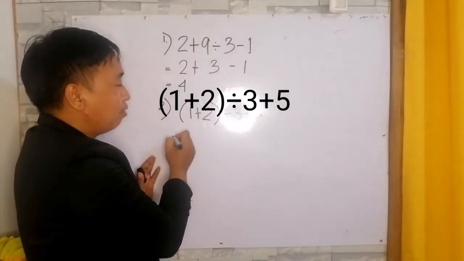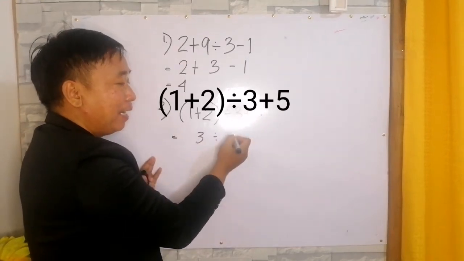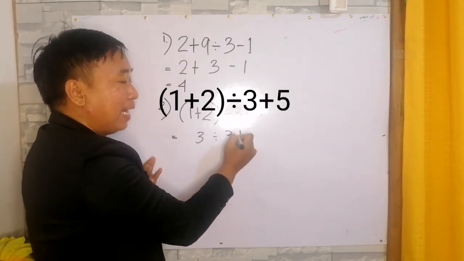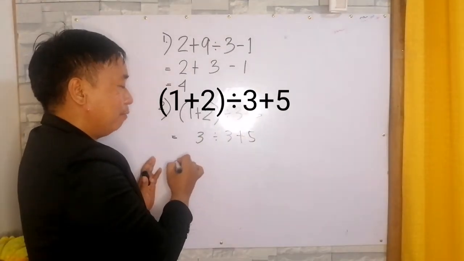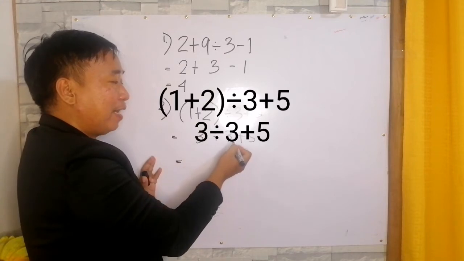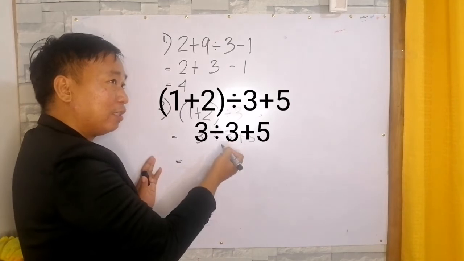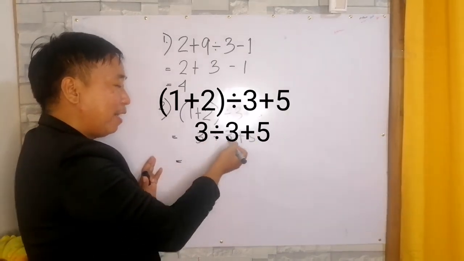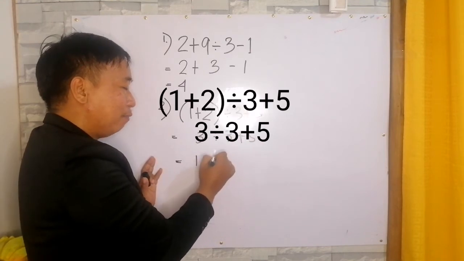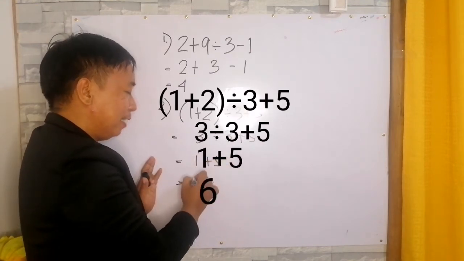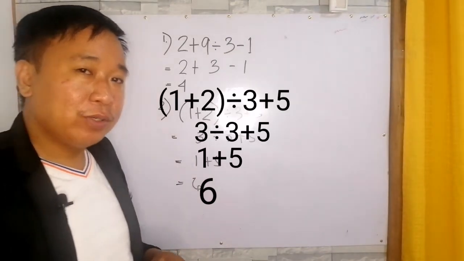That is equivalent to 3. Then divided by 3, plus 5. You can have this one, 3 divided by 3 plus 5. So we have division. Divide first before you add. 3 divided by 3, that is 1, plus 5. So we have 6. That is example number 2.